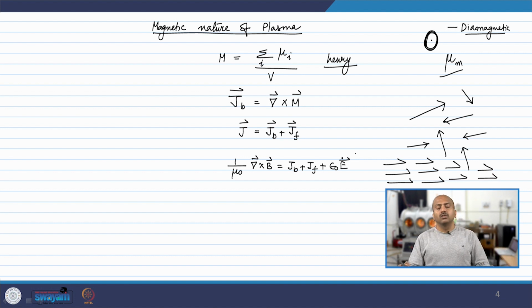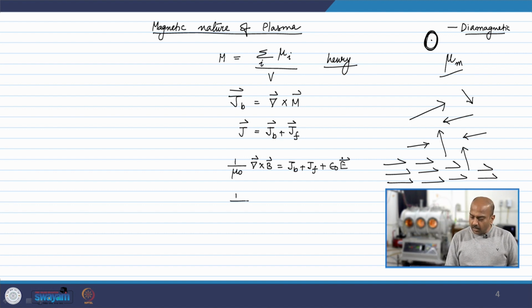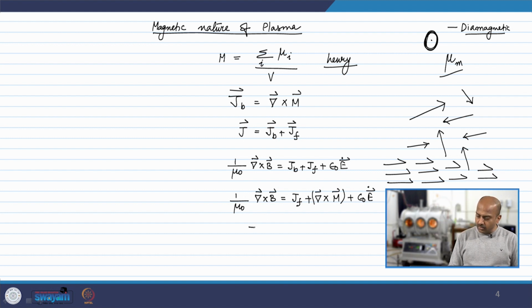If you are talking about free space, you refer to it as capital B. Now, since we know Jb is del cross M, we can simply write this expression as 1 by mu naught del cross B is Jf plus del cross M plus epsilon naught E dot, or we can rearrange this equation as del cross (B by mu naught minus capital M) is equal to Jf plus epsilon naught E dot.